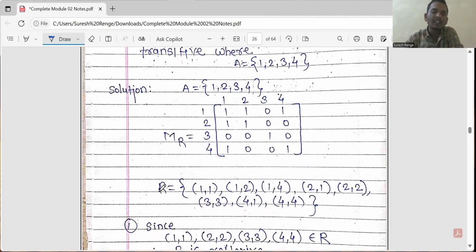So let us convert that relation into set format.